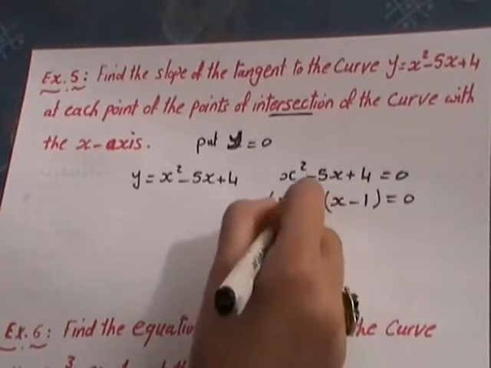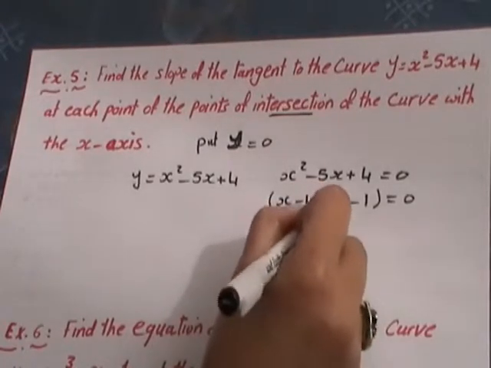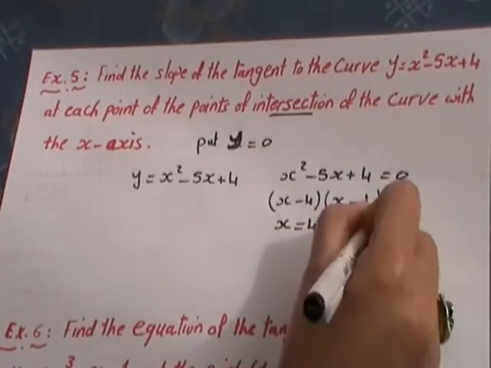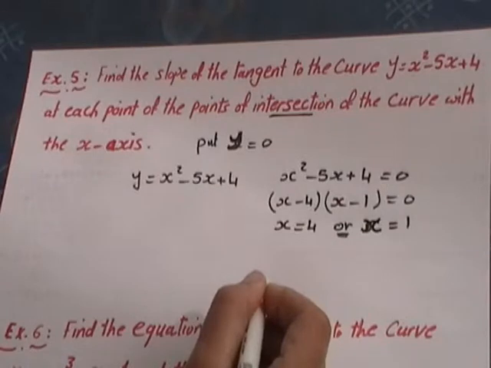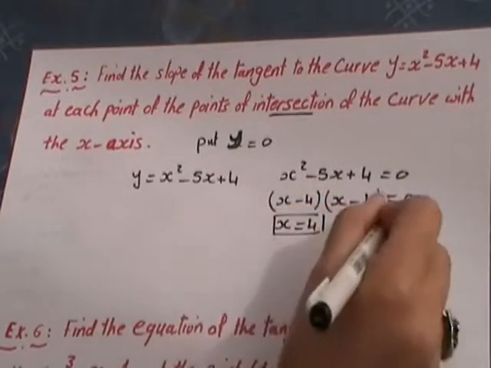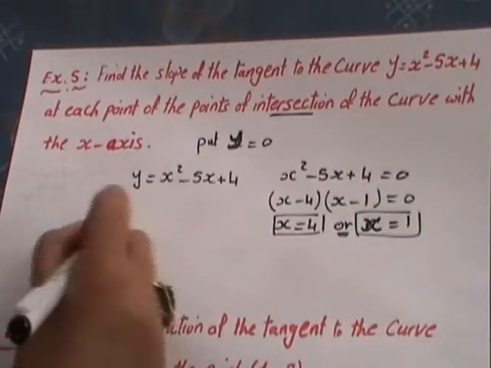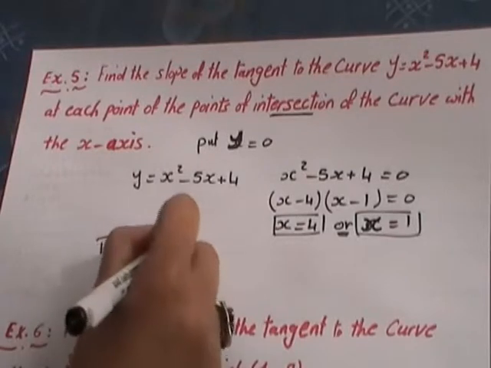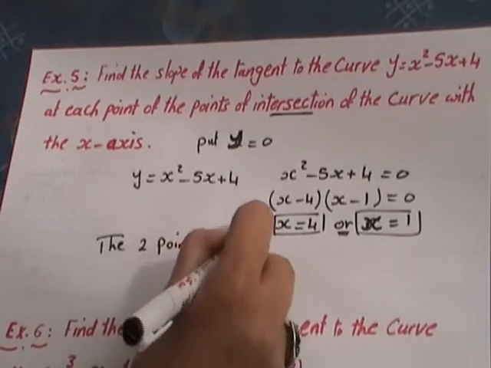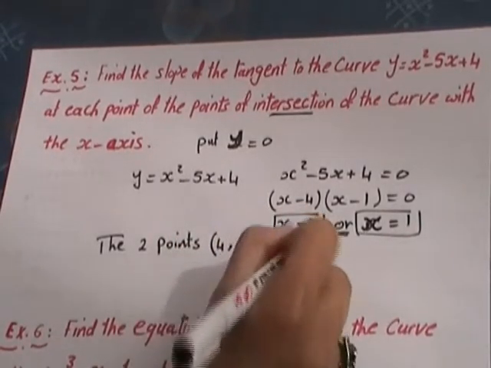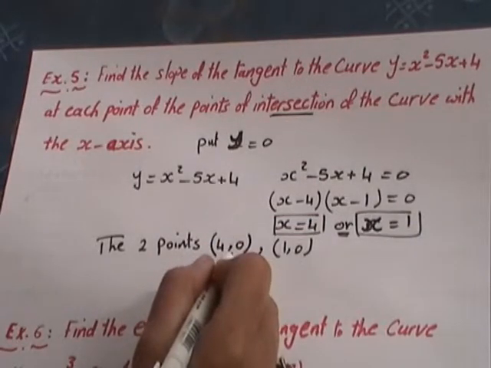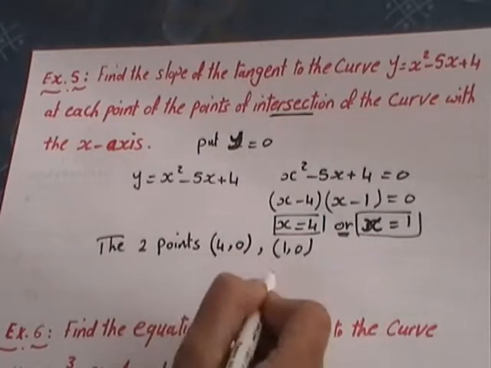We find that x equals 4 from the first bracket, or x equals 1 from the second bracket. Then who can tell me the 2 points? The points will be 4 and 0, and 1 and 0. Why do we put 0 in the points? Because this point intersects the x-axis, meaning that y will be equal to 0.